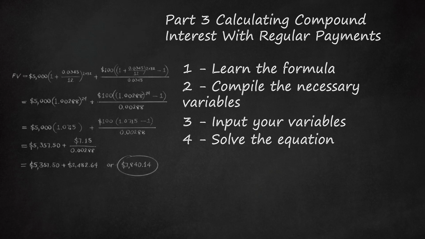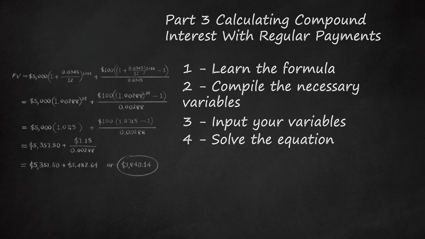Multiply. This means multiplying the principal by the number in the first set of parentheses and the monthly contribution by the same number in parentheses. This gives FV = $5,357.50 + $7.15/0.00288.